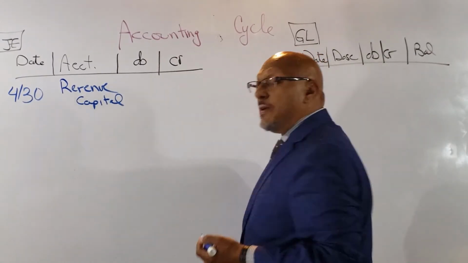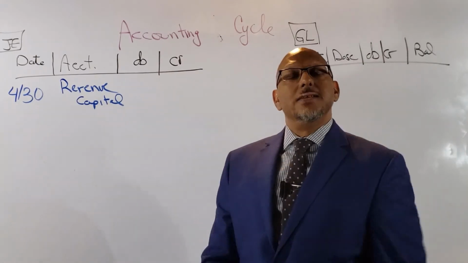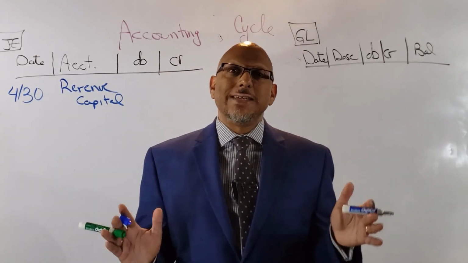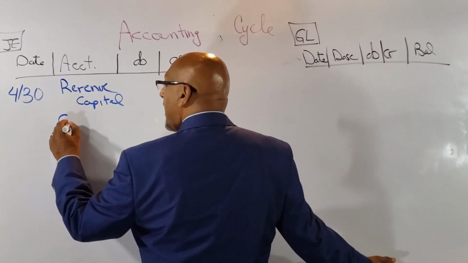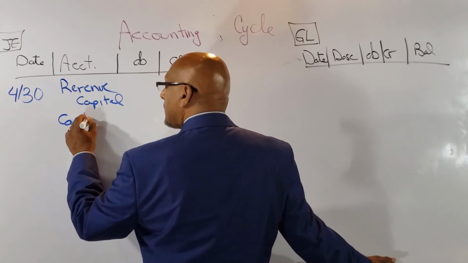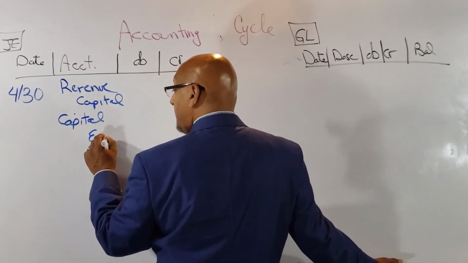The next step is to close out the expenses. Well, the normal balance of an expense is a debit. So we're going to debit capital and credit the expenses individually.